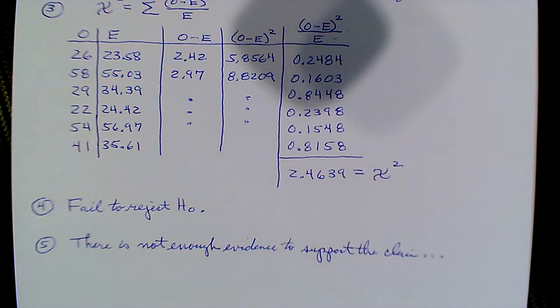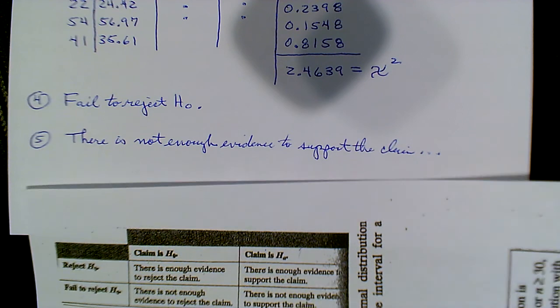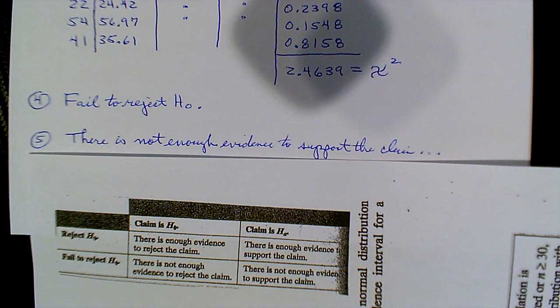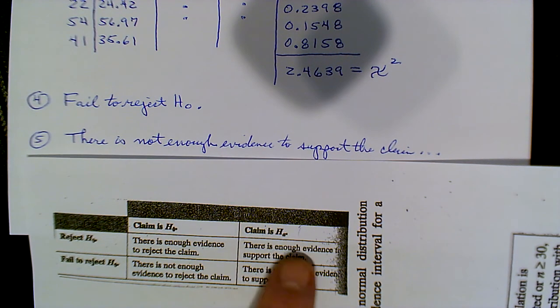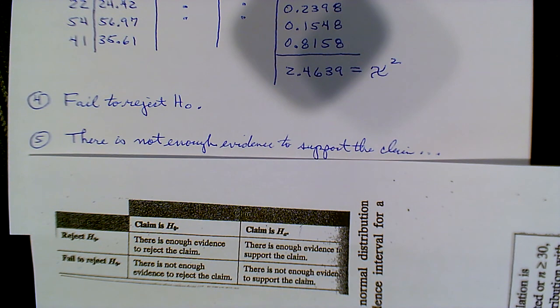So the table I was talking about was our famous cheat sheet. There's a summary on the side here telling you how to word your conclusion. If the claim is HA and we're failing to reject H0, this is our conclusion: there's not enough evidence to support the claim.